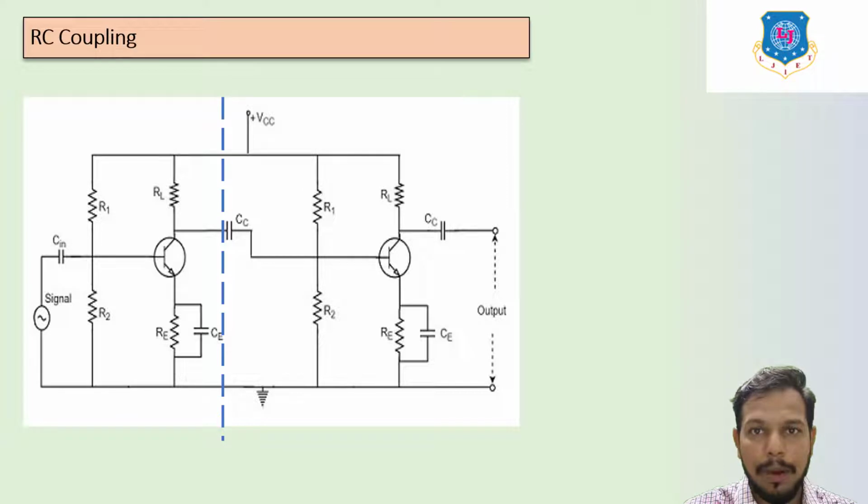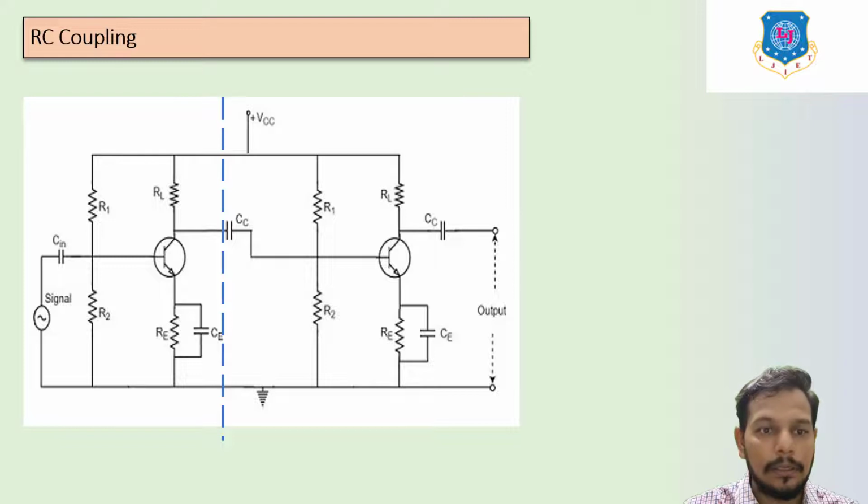The AC flows through the bypass capacitor. If we do not connect this bypass capacitor, then your voltage drop will increase, and due to this your gain will decrease. So for improving your gain, we have to use a bypass capacitor across this RE.